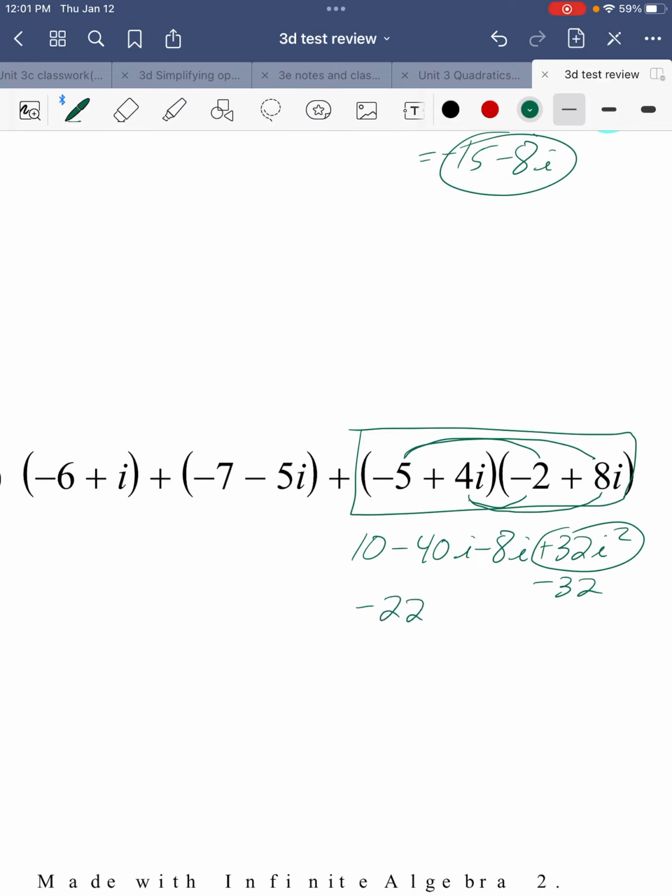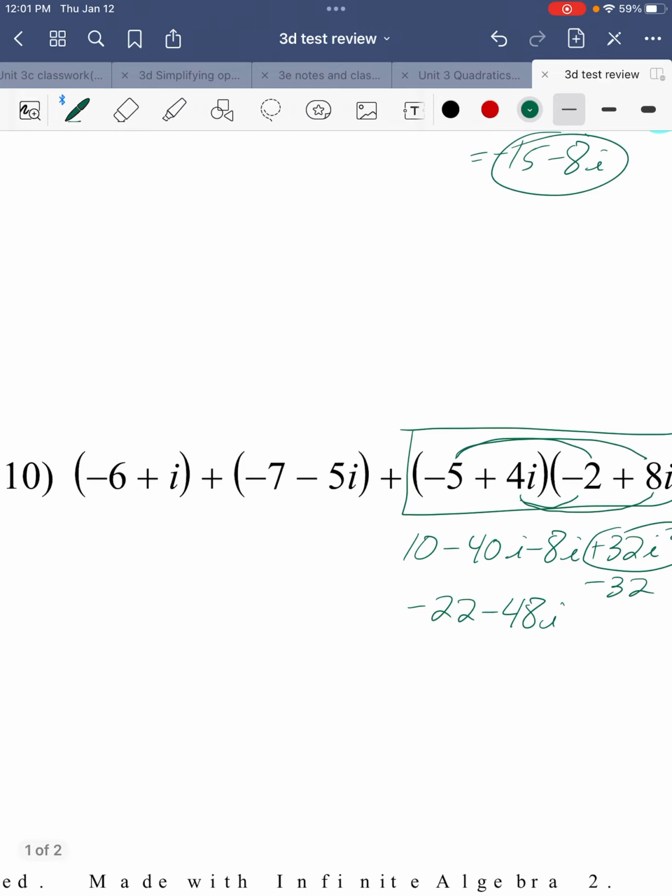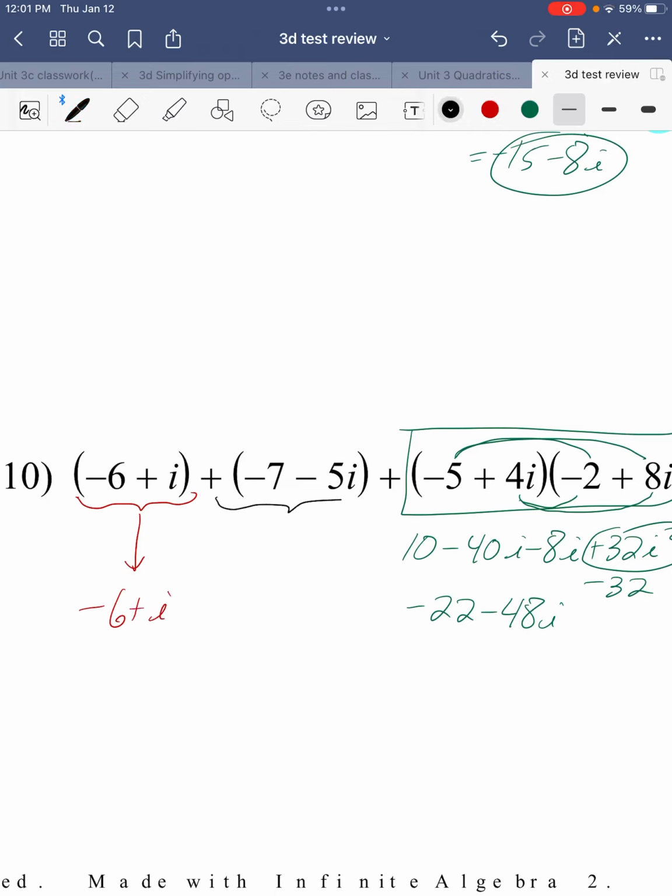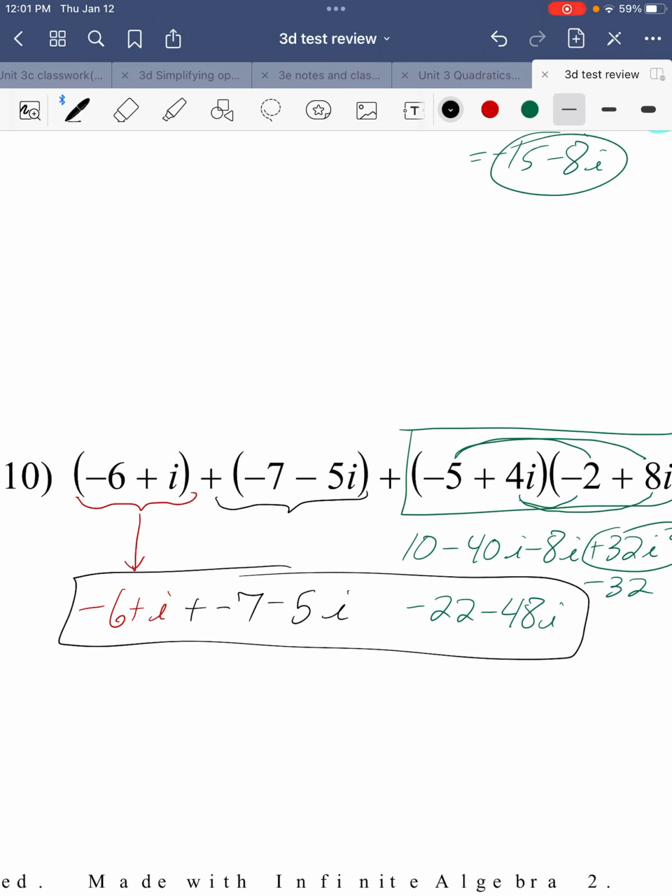Get my like terms together. I have 10 minus 32 is negative 22. Negative 40i minus 8i is negative 48i. Now I'm going to rewrite everything else here. Negative 6 plus i, I don't need the parentheses. Plus a negative 7 minus 5i.